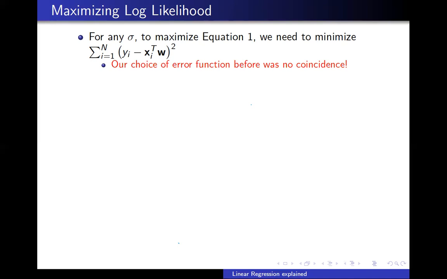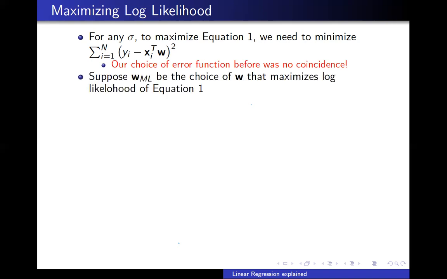This is exactly the same quantity that we minimized when we started with the sum squared error in linear regression in the first place. So the choice of error function, that is how we measure the true label versus the predicted label, was not a coincidence. It comes from the probabilistic interpretation, which automatically gives rise to this sum squared error as a good metric to measure the difference between the actual labels and the predicted labels.